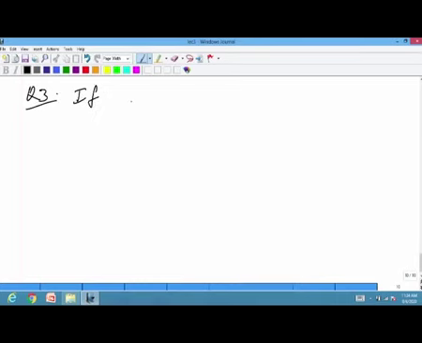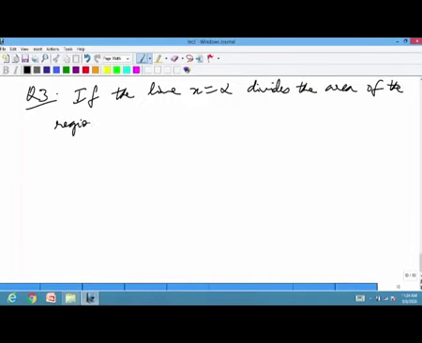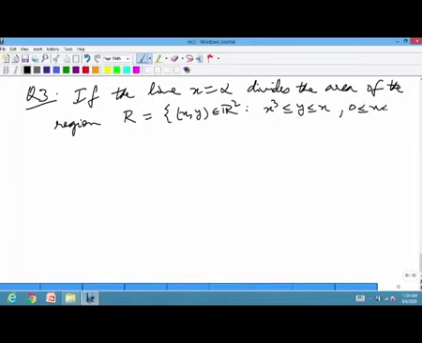Here it is given that the line x equal to alpha divides the area of the region R equal to (x, y) in R2 such that y is between x cube and x, with x between 0 and 1.